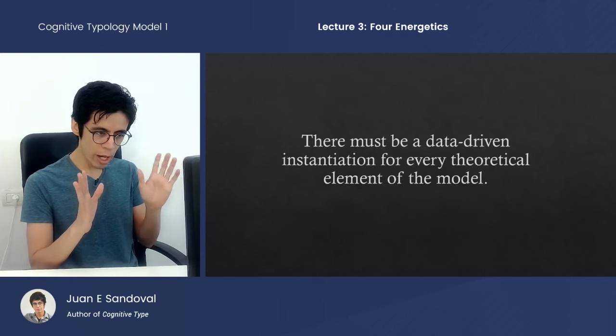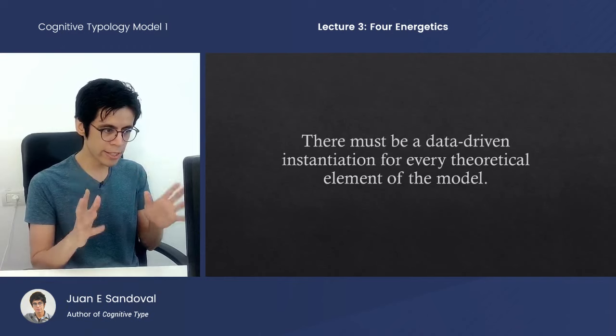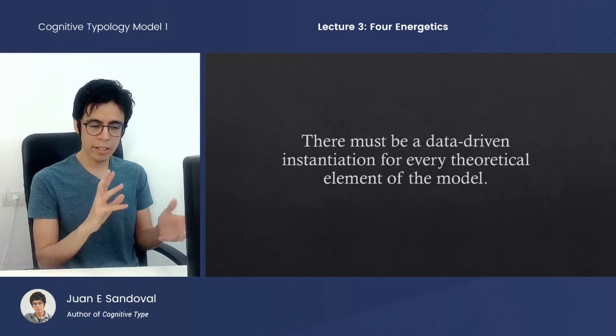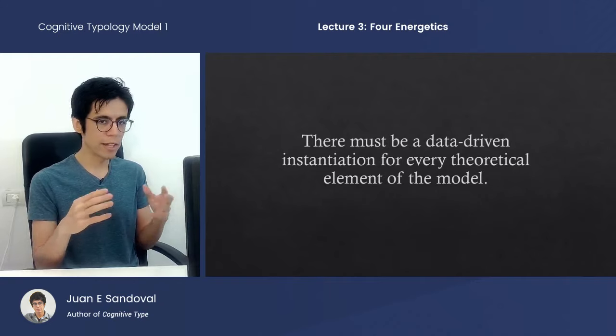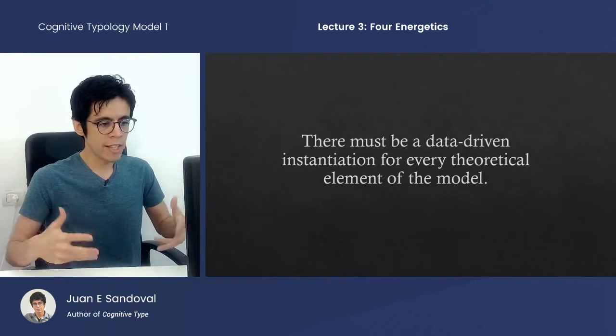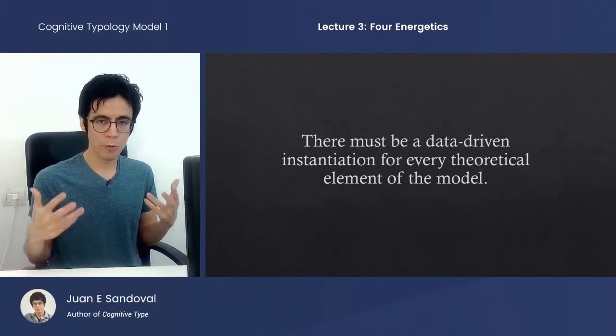And that's an important problem, because one of the things you'll notice in Model 1 is that for every Jungian concept or concept in general that is included, the goal is there has to be a data-driven instantiation for it.